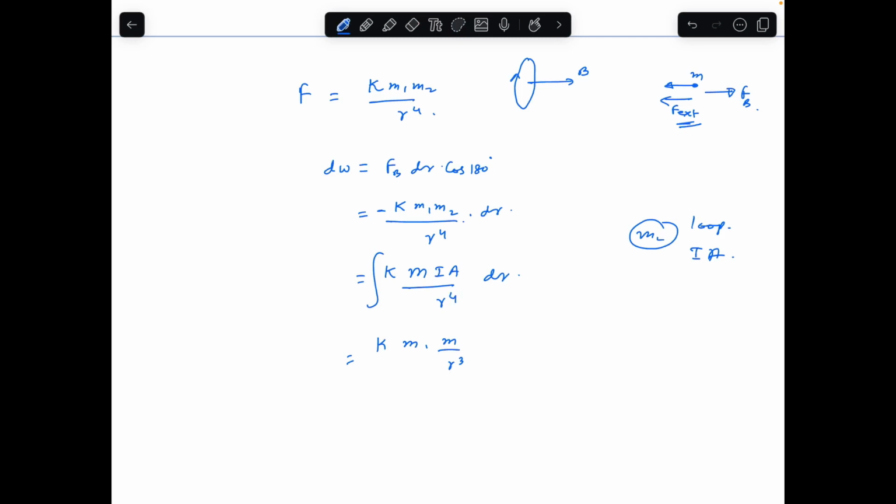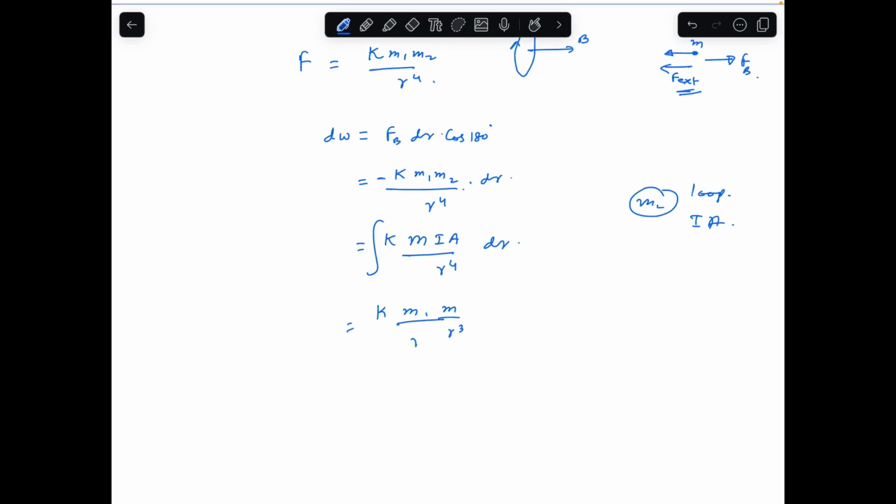Here it is r to the power 4, divided by r to the power 4 dr. So basically, if I integrate, directly proportional to m by r to the power 7 dr. So if I integrate this, m square, sorry, m square divided by r to the power minus 7 plus 1 by minus 7 plus 1.